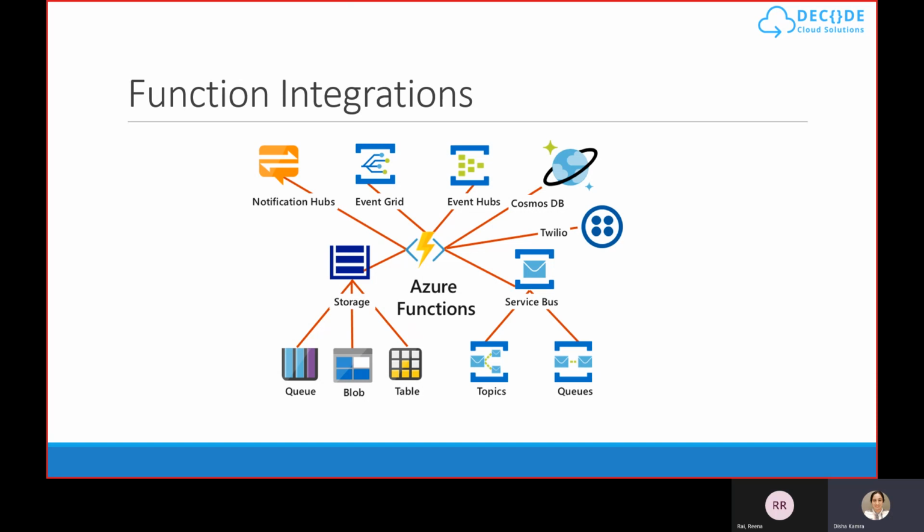So the following service integrations are supported by Azure. Like the storage account, which has various types: queue, blob, and table. We can integrate it with Service Bus, which takes care of topics and queues.